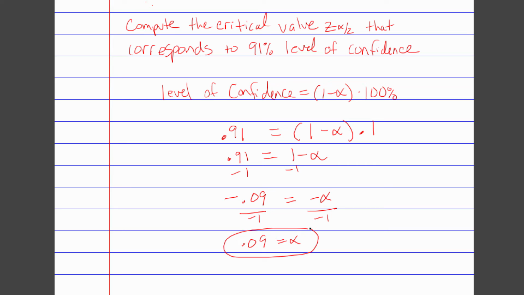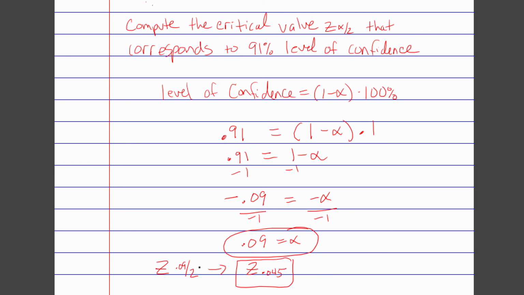So what this means is that we have a z critical value of z sub 0.09 divided by 2, or 0.045, right? So we're looking for the critical value of the z value where 4.5% is to the right.